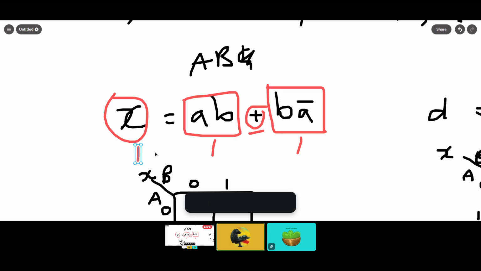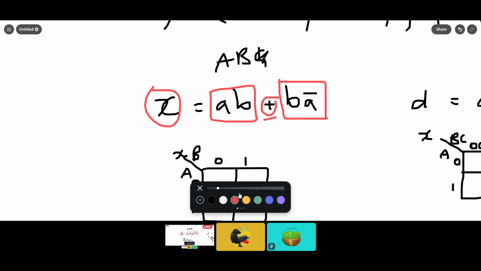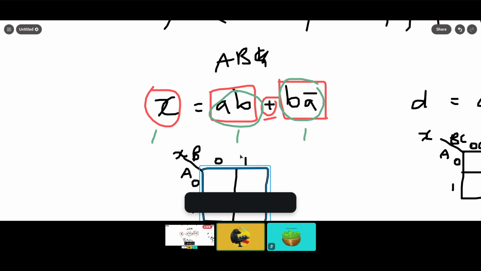Meaning, in order for X to be 1, both this ANDed AB and this ANDed A bar B must either be 1. Why either? Because of the plus.